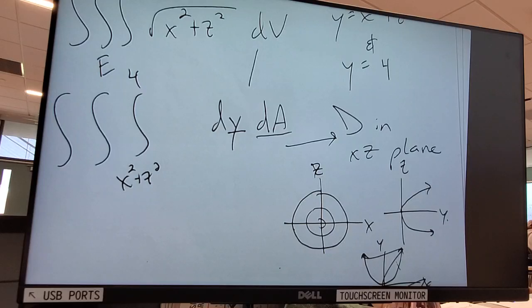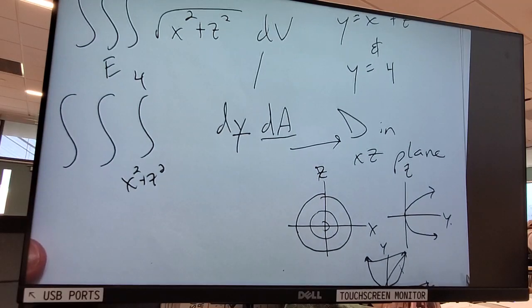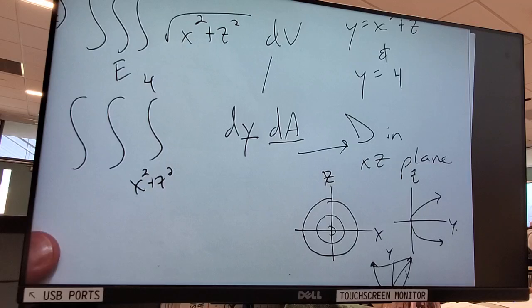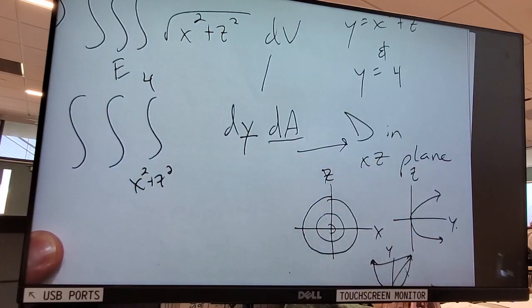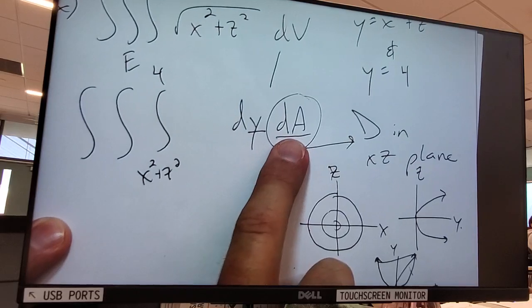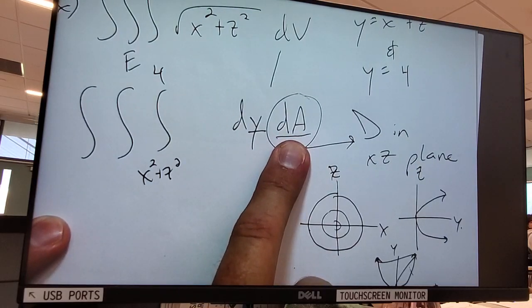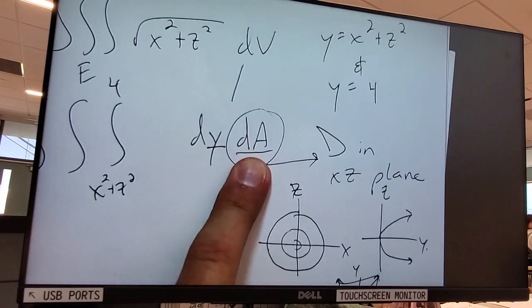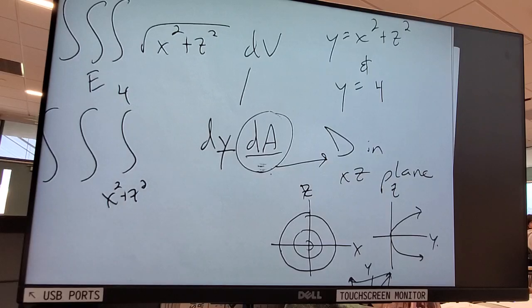Okay, let me see. Does anyone have a preference? Because what's my next choice I have to make? Like we said a minute ago, is this dz dx or dx dz? Is there anything in the problem that tells me it should be one way or the other? Everything related to x and z seems to be symmetric.